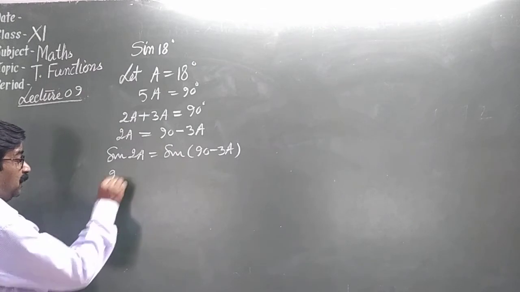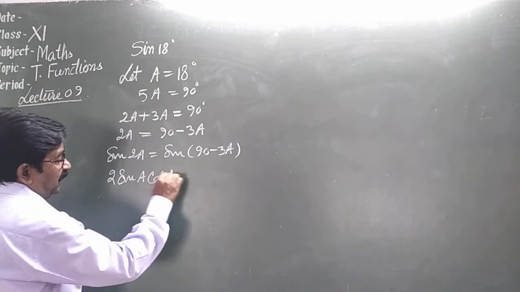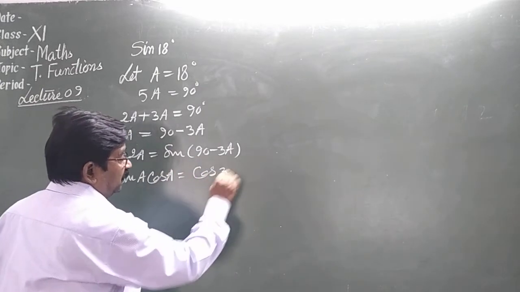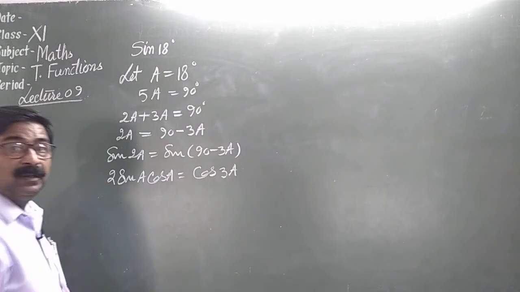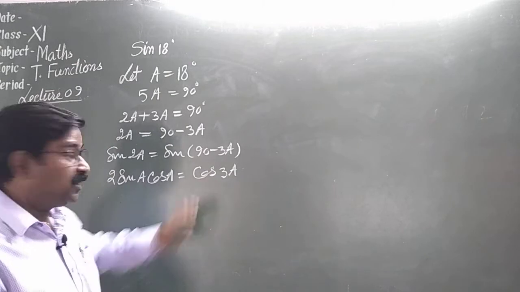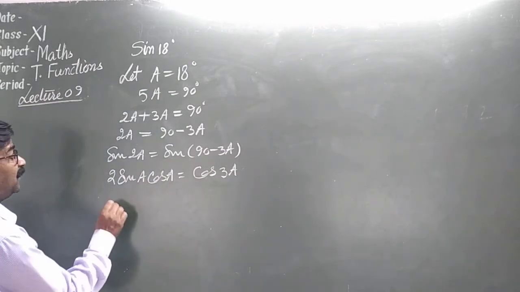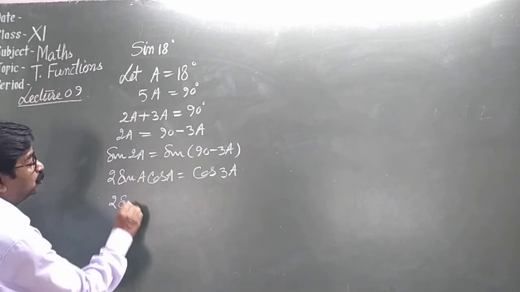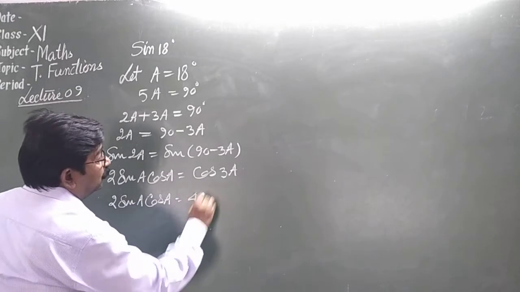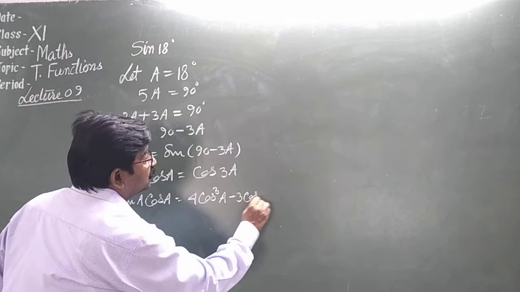I think you remember, this is 2 sine A cos A, and sine 90 minus theta is cos theta, so cos 3A. Now you are aware of the formula cos 3A, 4 cos cube A minus 3 cos A. So we have 2 sine A cos A is equal to 4 cos cube A minus 3 cos A.